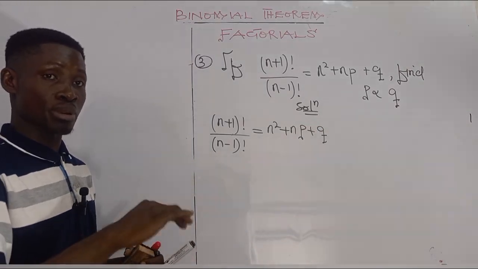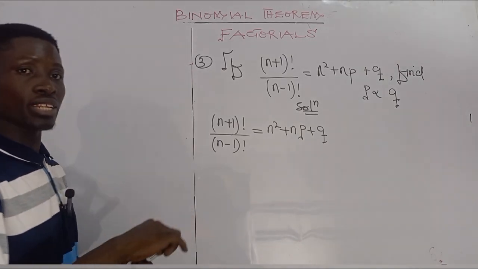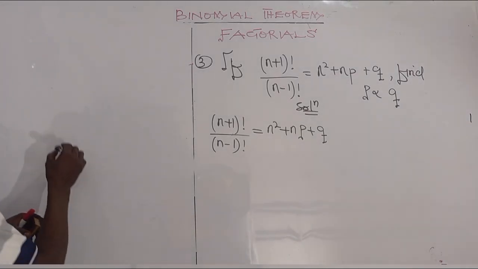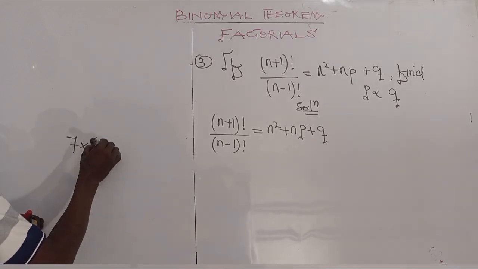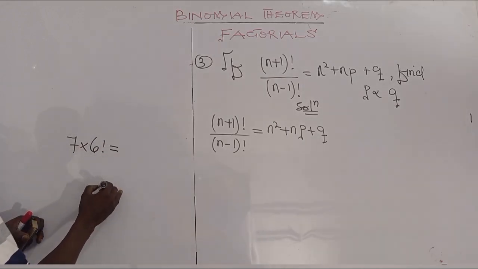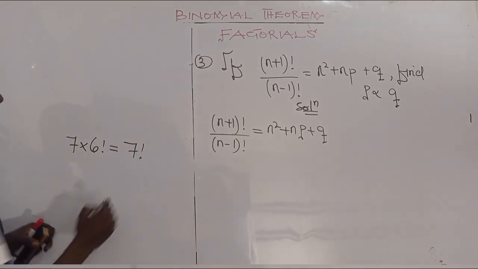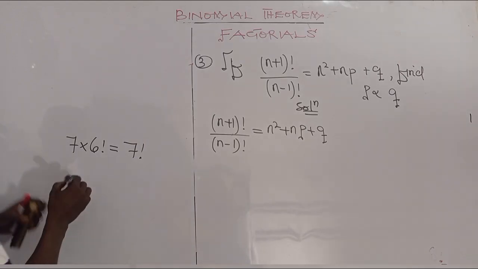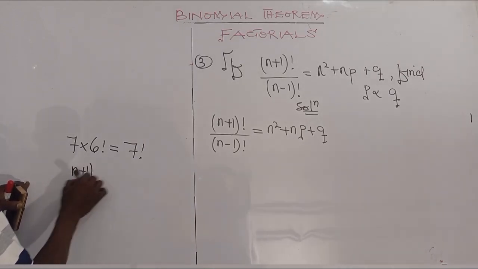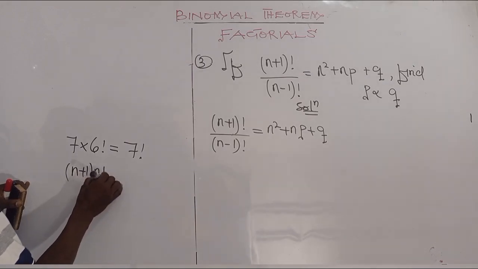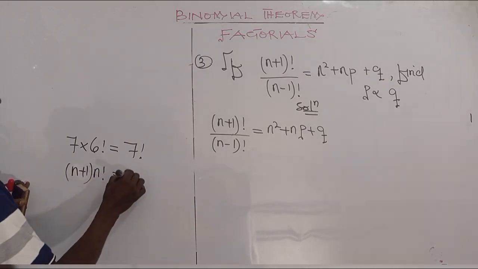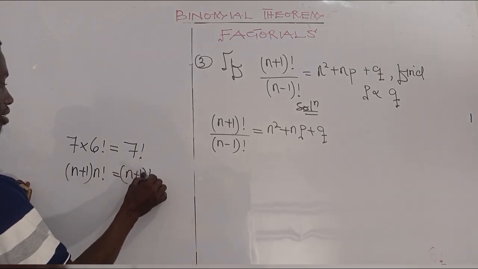Now, if you can remember, in the beginning of the lesson, we said that 7 times 6 factorial can be written as 7 factorial. I believe you remember that. Therefore, if you have n plus 1 times n factorial, we can write it as n plus 1 factorial.